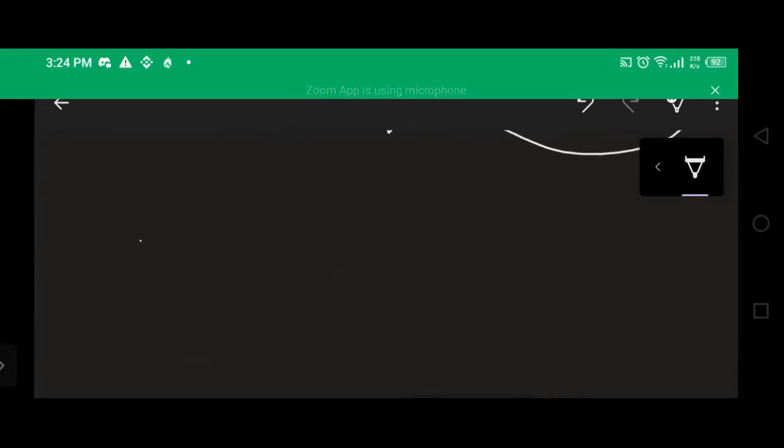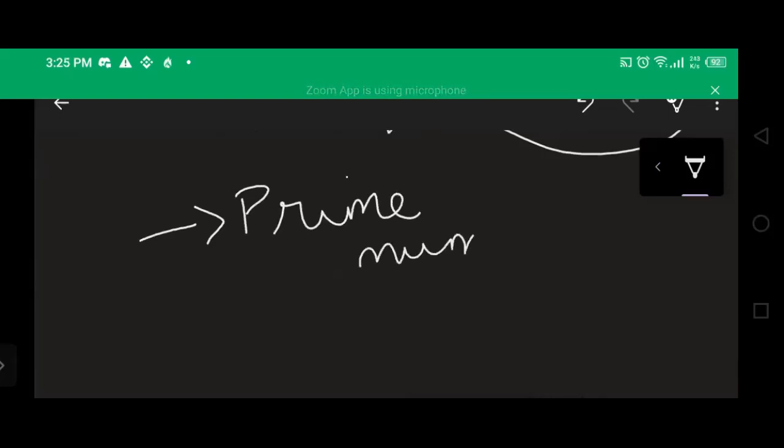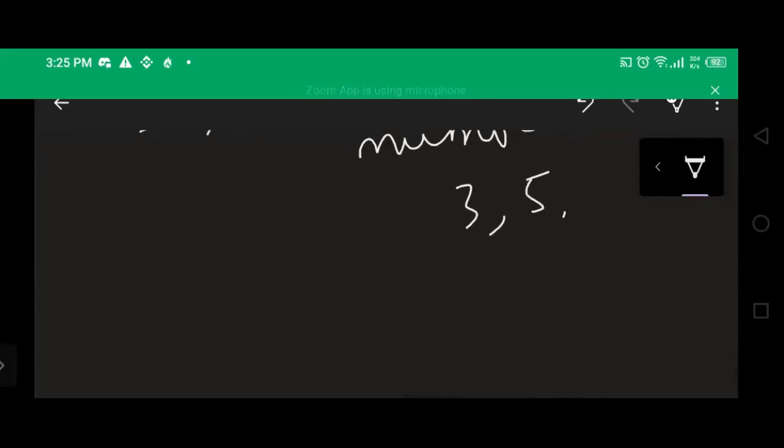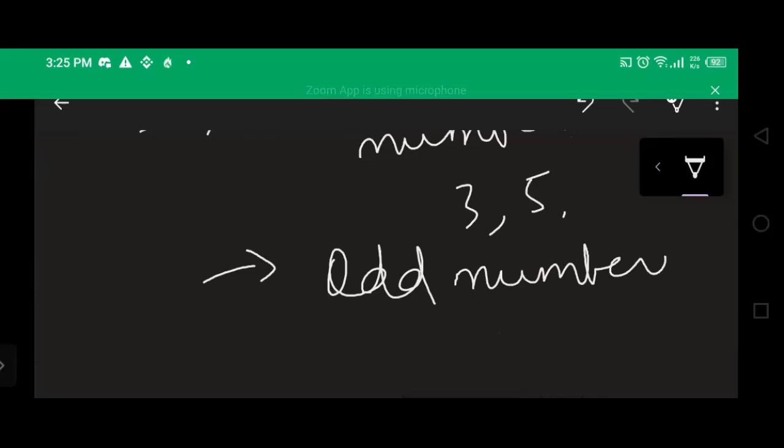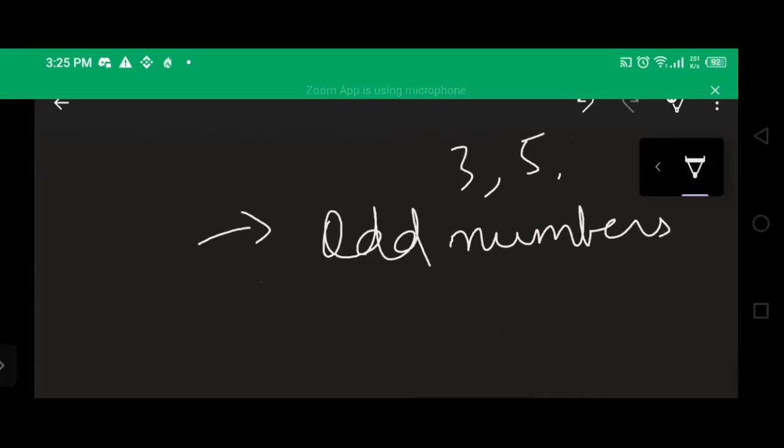Now tell me, what are prime numbers? Prime numbers are numbers which are divisible by 1 and themselves, such as 3, 5, 7, 9, 11, 13, 17. Odd numbers? 1, 3, 5, 7, 9, 11, 13, 15, 17, 19.